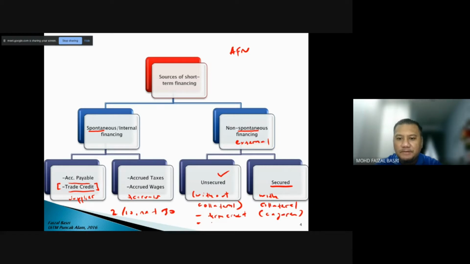Commercial paper, for example. And we have RCA, Revolving Credit Agreements. So these are the three that we're going to discuss later: the short-term credit, sometimes we just call it short-term bank financing, the commercial paper, and also the Revolving Credit Agreement.